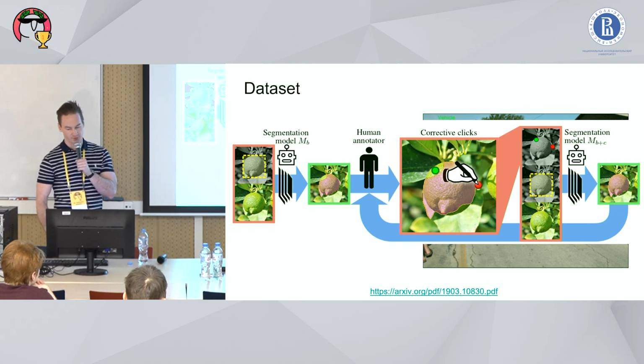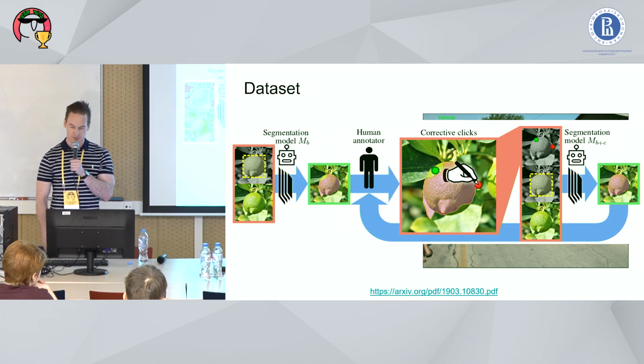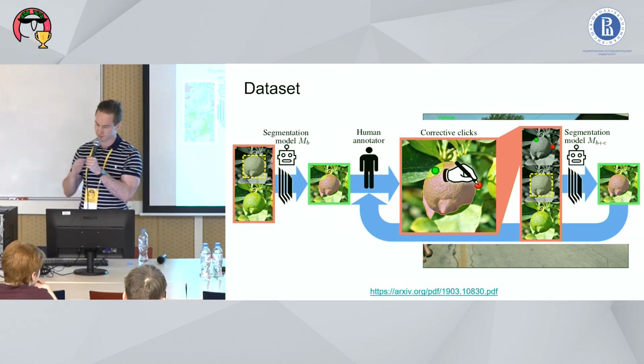After this procedure, they iteratively increased the quality of the segmentation model and made annotation for the rest of the dataset. So the train part was annotated semi-automatically, but the test part was annotated manually, using, for example, Paint or some similar tools.